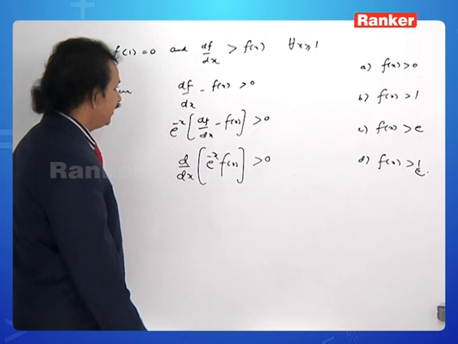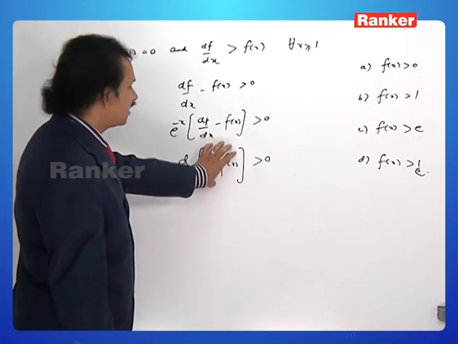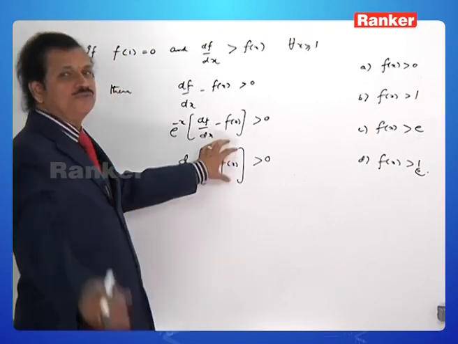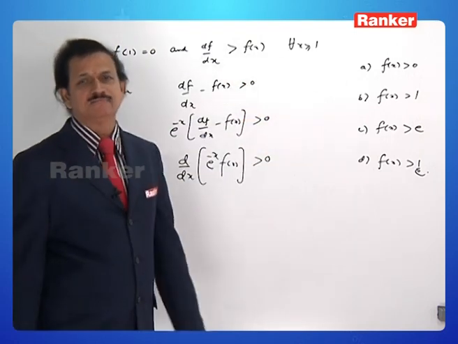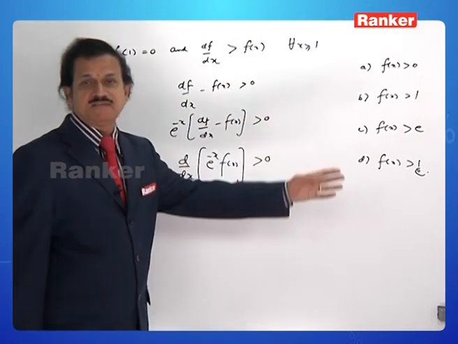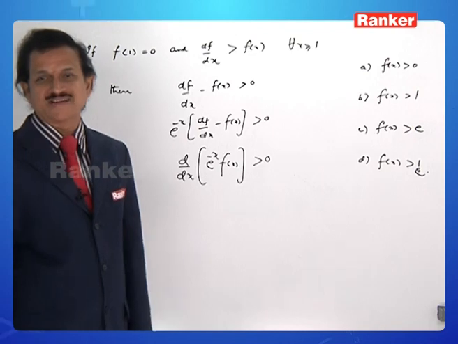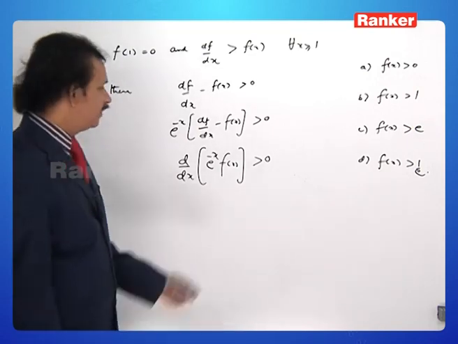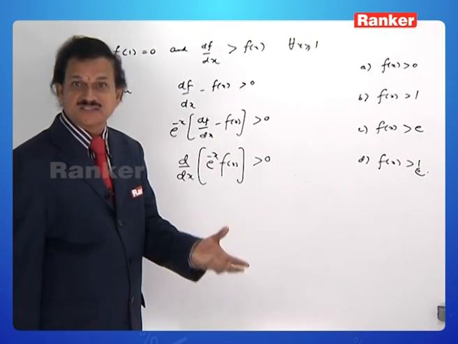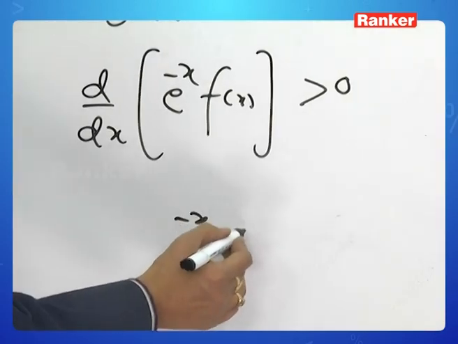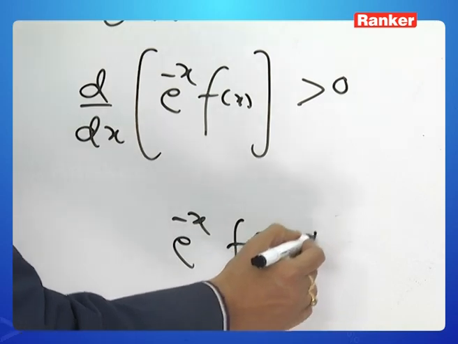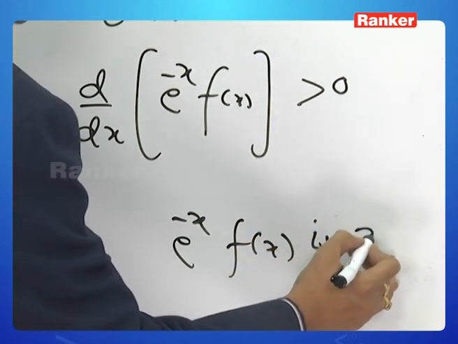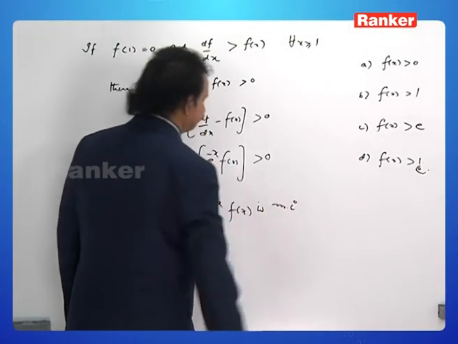Surely, you name this particular part as some g of x in your mind. This is the derivative of g of x greater than 0. What can you say about that? By the conditions of monotonicity, this particular function is increasing, isn't it? E power minus x into f of x is increasing, monotonically increasing.